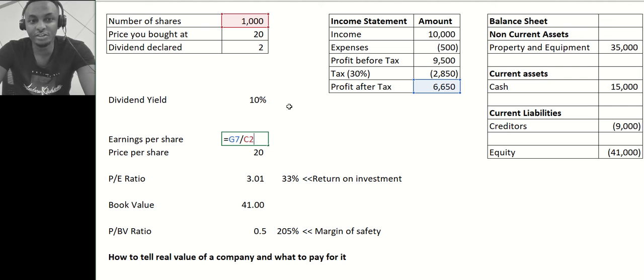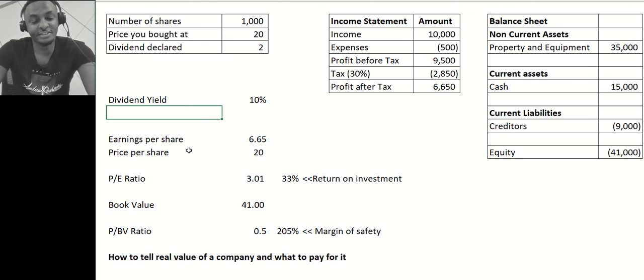That's how you calculate the earnings per share. This is important because the company can decide to give out the whole 6.65 as a dividend, or they can decide to give a portion of it, and that's where another ratio that I had actually not included here becomes very important: dividend payout.